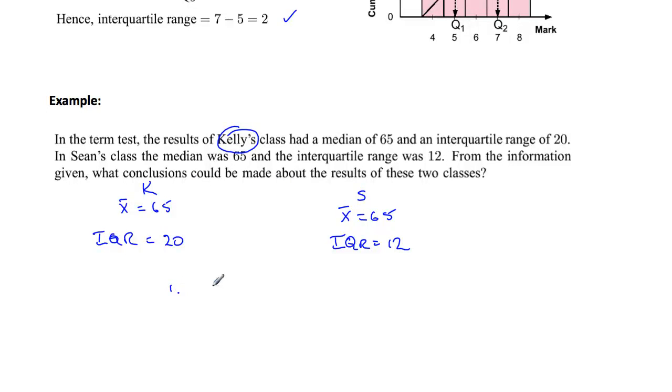Well, conclusion 1 is that they have the same average or mean. But they have very different ranges. So in this particular case, we could see that the interquartile range is 20. And so you would say that for Sean, the range is much smaller.